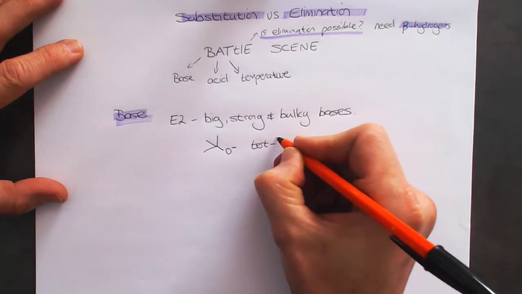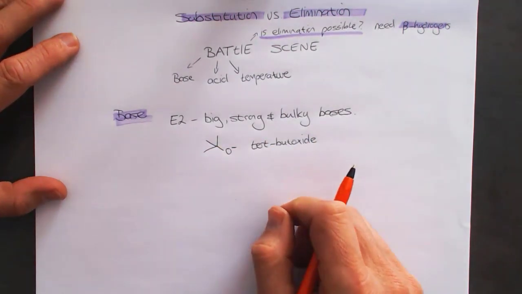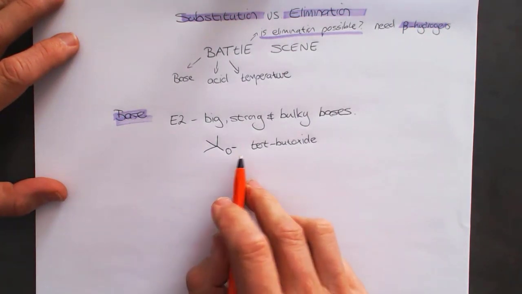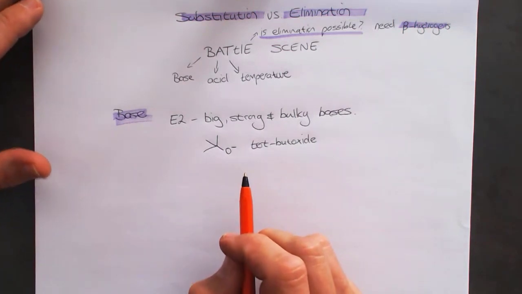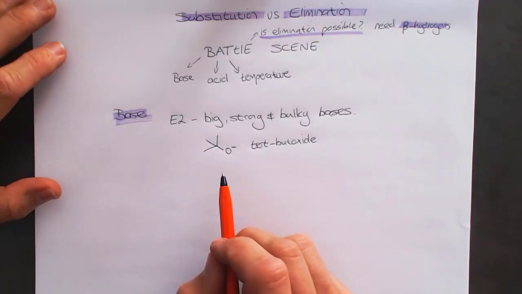So this is tert-butoxide. And if you ever see this, you can be very, very reasonably assured that what we're heading for using this base over here is some kind of E2 elimination reaction. So that's a key one to look at.